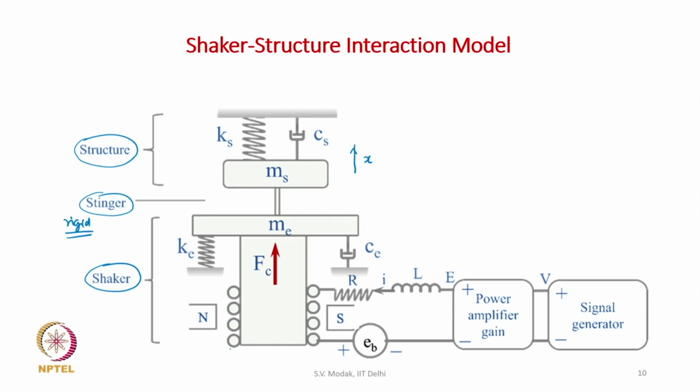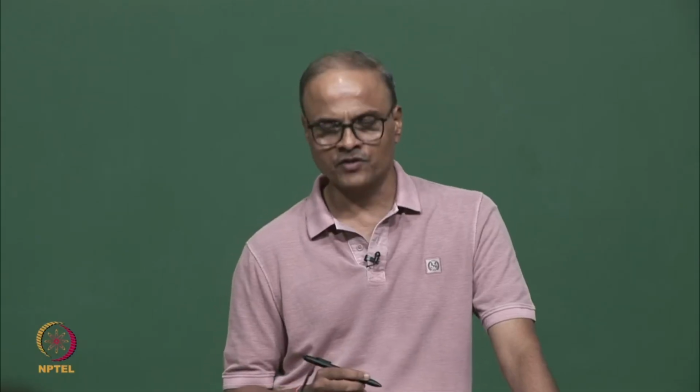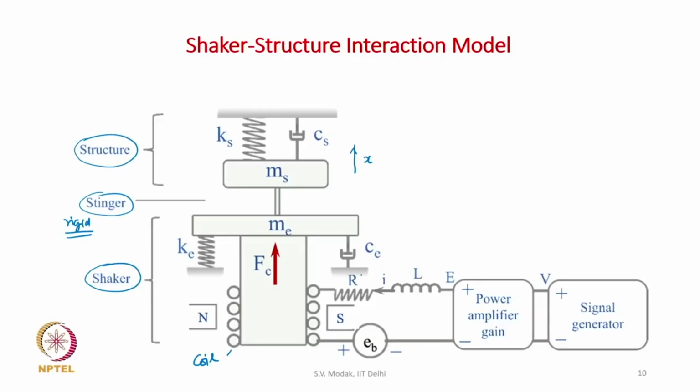The coil is also shown here, and this coil is placed in a magnetic field as shown by the poles N and S of the magnet. Now this coil has its electrical properties which determine the current which flows through the coil. So the resistance and inductance of the coil are shown here: this is the resistance of the coil and this is the inductance of the coil.